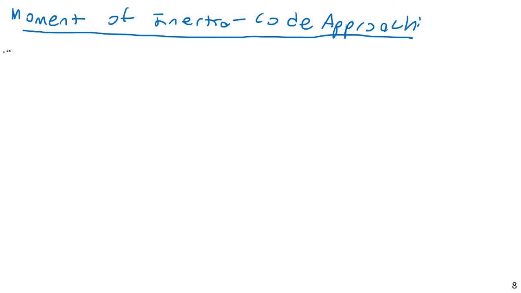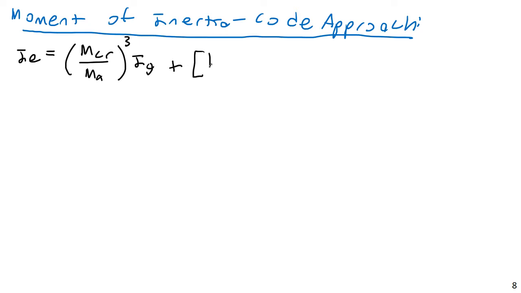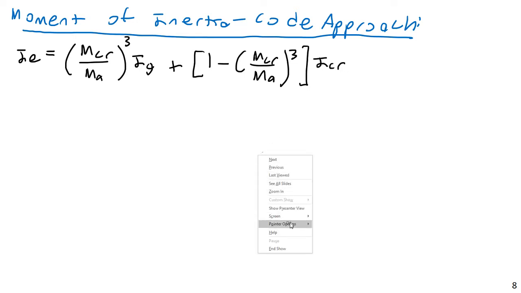The formula is I_e, I effective, equals M_cr divided by M_a, and I know we haven't talked about some of these yet, but I'll define all these, to the third power, times I_g, plus 1 minus M_cr divided by M_a to the third power, and all this times I_cr.